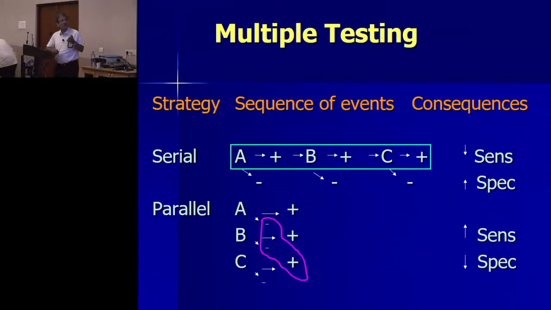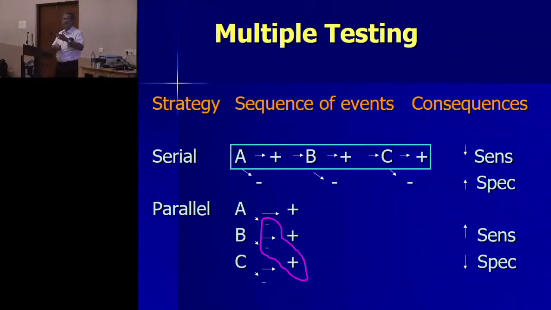Serial also is like a modified, because you can do all the tests at one time. It is not the question of doing all the tests at one time. If you want to save time, it depends on time. If time is very crucial, you will do all the tests at one time. Whether you use a serial strategy or a parallel strategy, you can give all the tests.